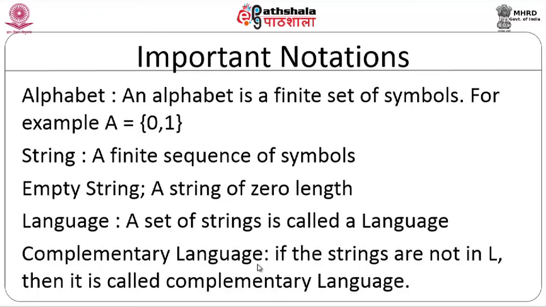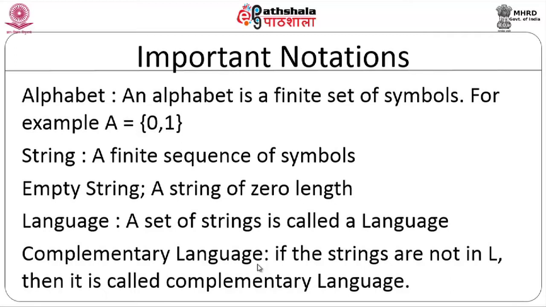An empty string is nothing but a string of 0 length, and when we have lots of strings, we have a set of strings or a language. Language L is nothing but a set of strings. For example, if the alphabet is 0 1, then all the strings that are derivable from this, like 0 0, 1 0, 1 1, 1 1 0 0 0, are all valid strings.